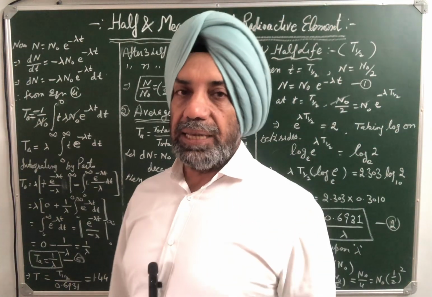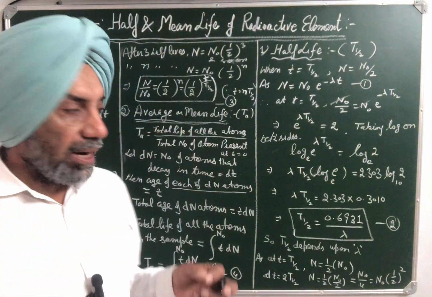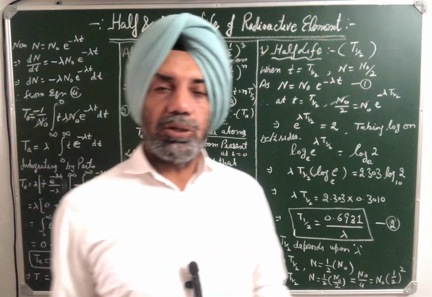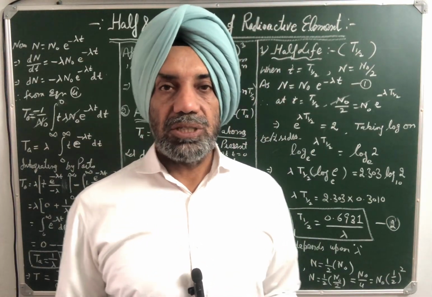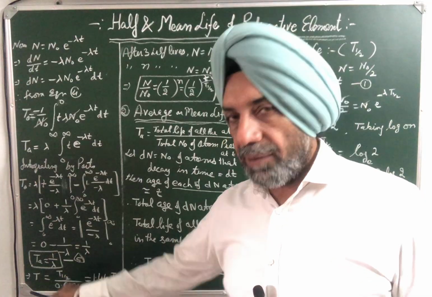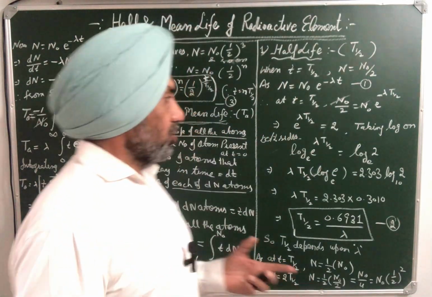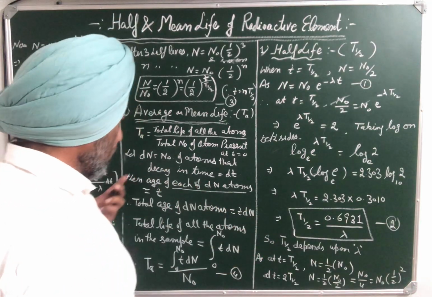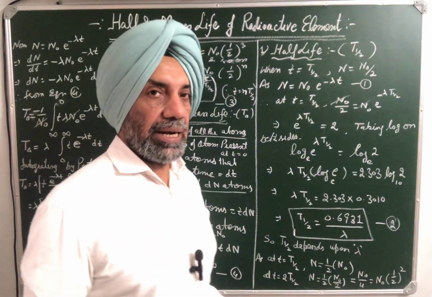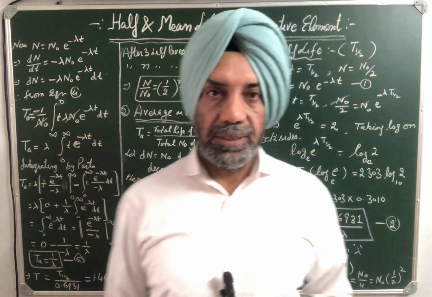It means the average life of a radioactive element is equal to 1.44 times its half-life. So this is the required relation between half-life and average life. So this is all about half-life and average life of a radioactive element.